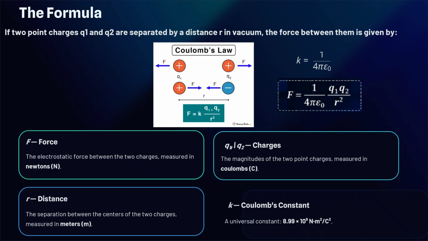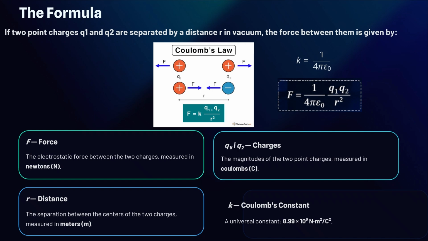The force between them is given by F is equal to K into Q1 into Q2 divided by R square, where K is Coulomb constant. The value of K is 1 divided by 4 pi epsilon naught, and it's a universal constant. The value of K is 8.99 into 10 power 9 Newton meter square per Coulomb square.